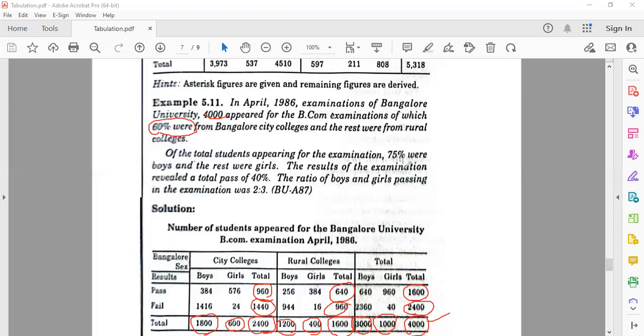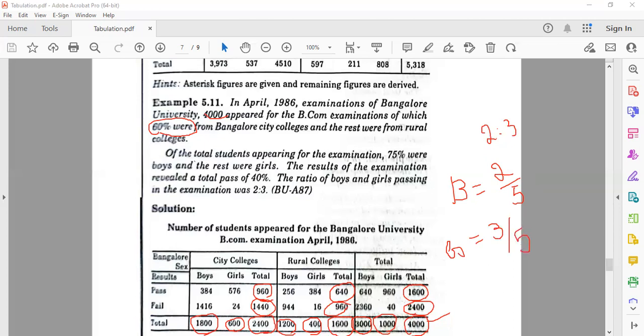Now we know the ratio of boys to girls. So the boys to girls is 2 is to 3. That 2 is to 3 basically means boys will be 2 by 5, and for girls, it will be 3 by 5.